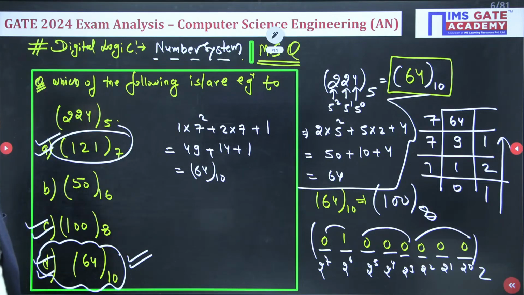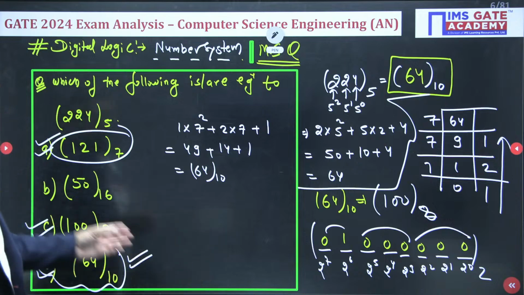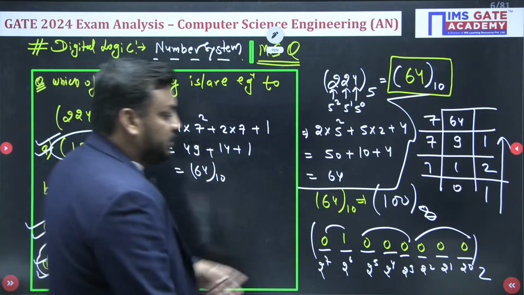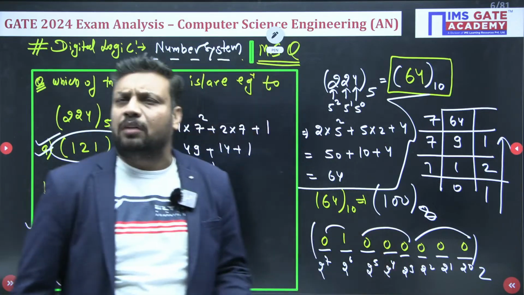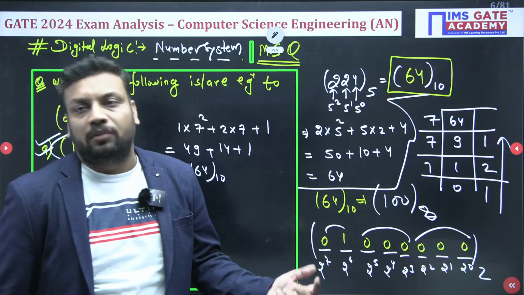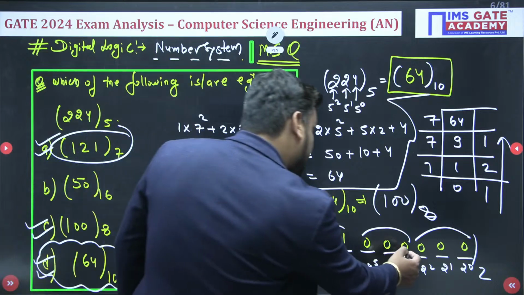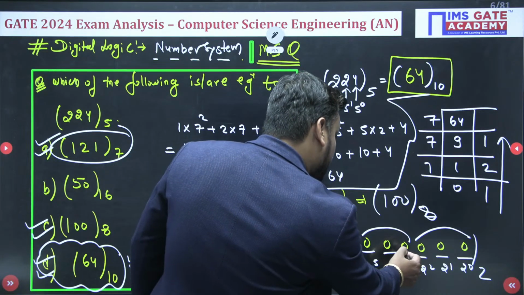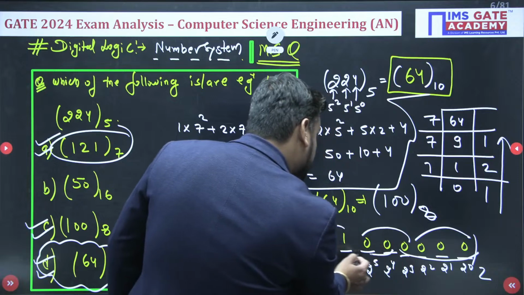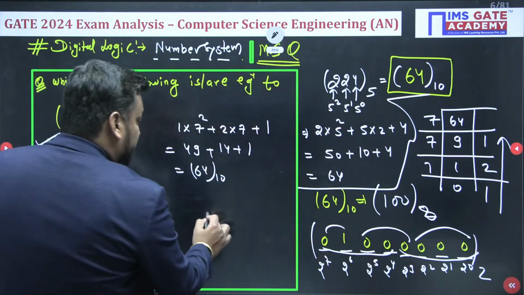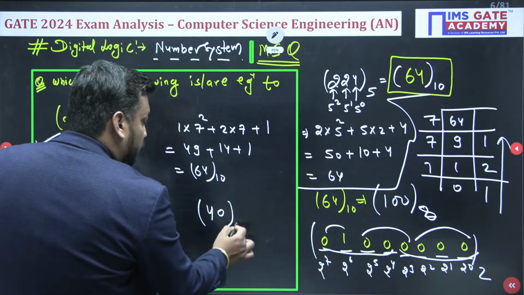Yes. Even, student, you can also compare in the form of base 16. From binary to base 16, how to convert? We have to make 4-bit pairs. If you make the pairs of 4 bits, then what you will get here? It will give you 4. So in hexadecimal it should be 40 hex.